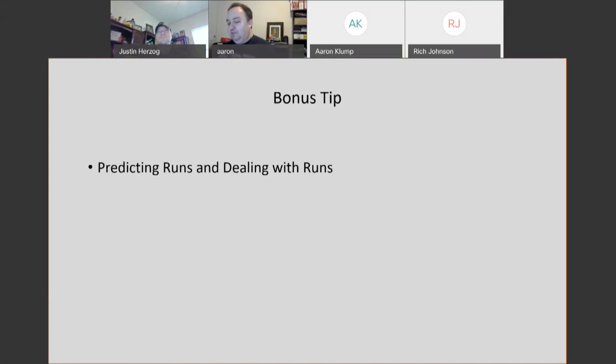So what a lot of owners fail to do is, when a run starts, the first 2 people take a closer, and then the third one takes a closer, and then maybe the 5th one takes a closer, and coming up, all the top 2 or 3 tiers of closers are gone. Do you take the next best closer who might be sharing closing jobs with another person or two? Like, for instance, do you take Archie Bradley now that he's in Philadelphia? He has Neris there. Is he going to be splitting time? Or do you go and do something else?